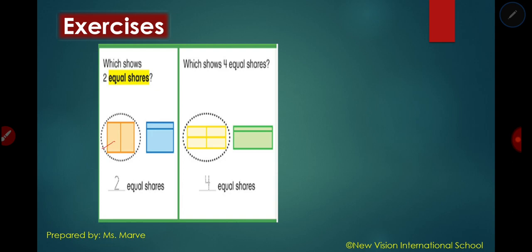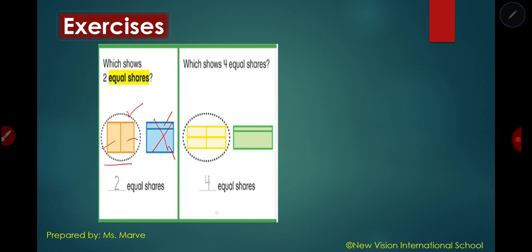Is this size the same as the other size? Yes. How about the other example? Is this size the same as the other size? No. So this one is wrong and this one is correct. So 2 equal shares is this example. How about another one?